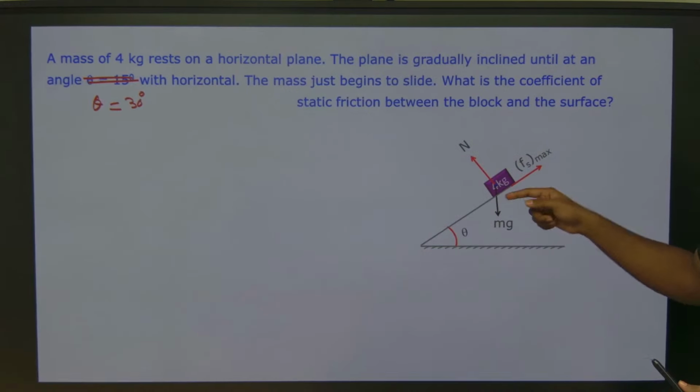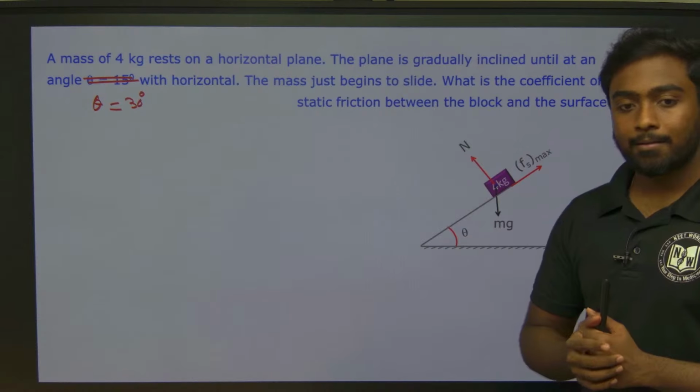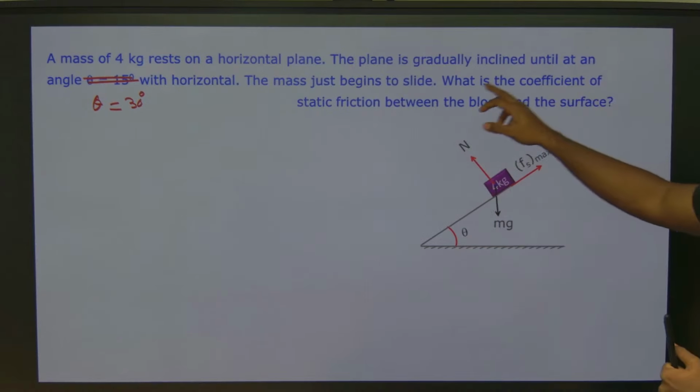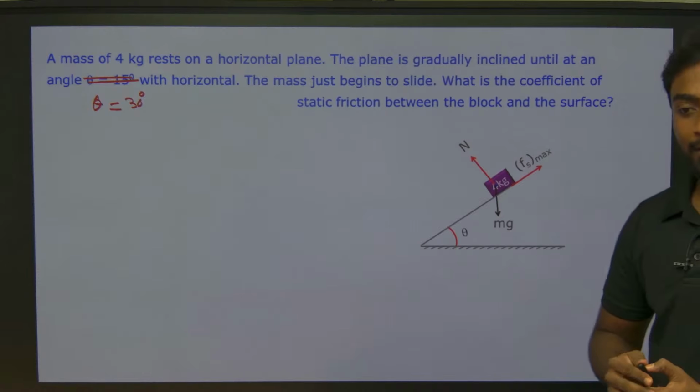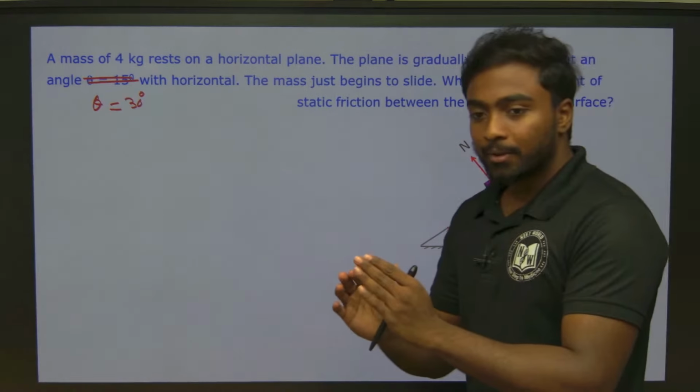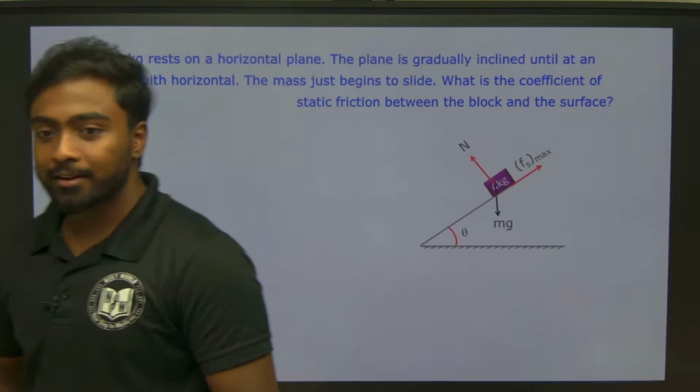Begins to slide in the sense which friction now will act? What is the coefficient of static friction between the block and the surface? You are saying kinetic. Begins, no, it has just started, which means static. If it is going, I can say it's kinetic.